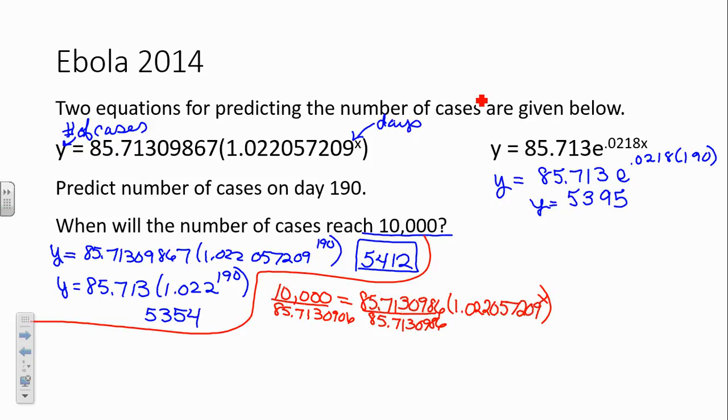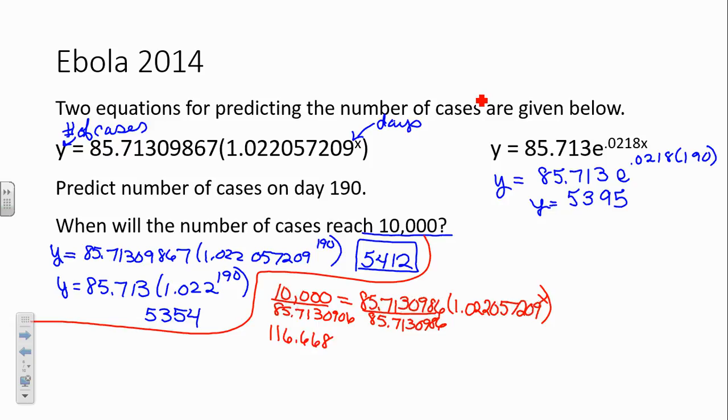When we do that, 10,000 divided by 85.7130986 gets me 116.668, and I'm not clearing my calculator, I'm just writing down a partial of it.